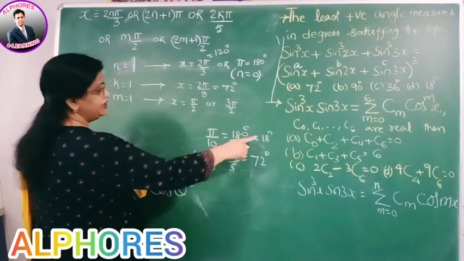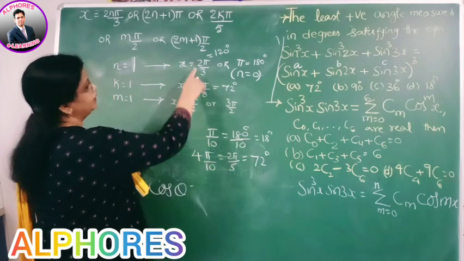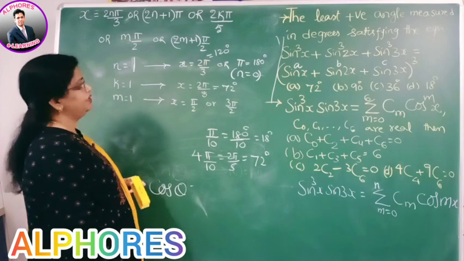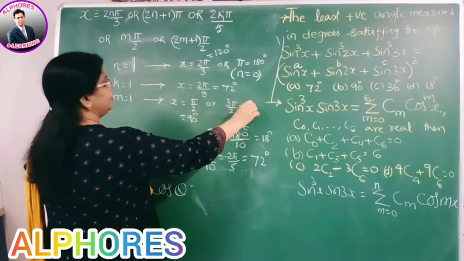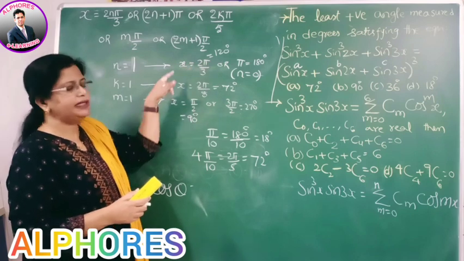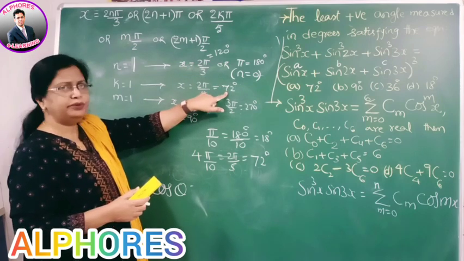Because pi by 10 is 18, 4 into 18 is 72. That means this value 2 pi by 5 is nothing but 72 degrees, this value is 90, and this one is of course 270 degrees. So among all these, what is the least value? The least value is 72 degrees.